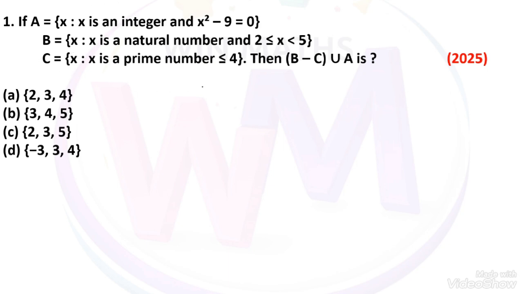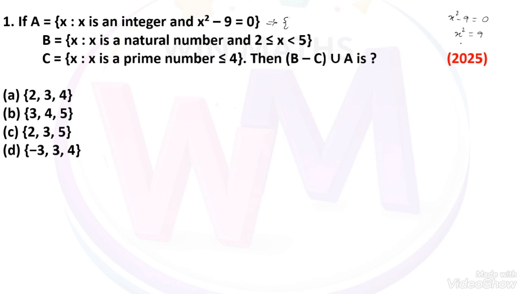While solving these questions, we have to write the elements of the sets first. We have to reduce this set builder form into tabular form, so write all the elements. X square minus 9 is equal to 0. While solving the equation, x square is equal to 9, taking minus 9 to the right side, it becomes plus 9.